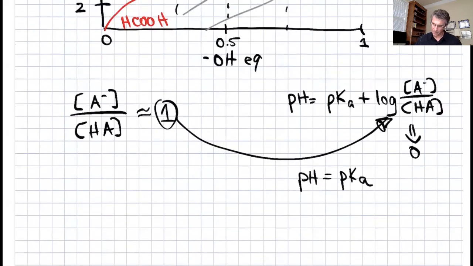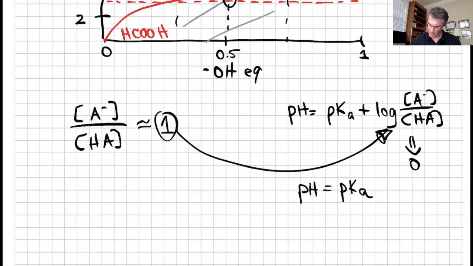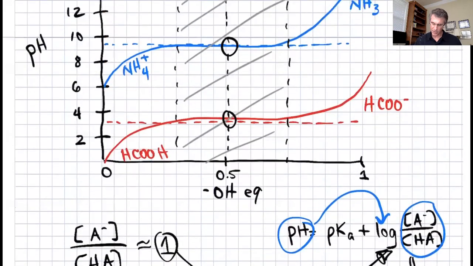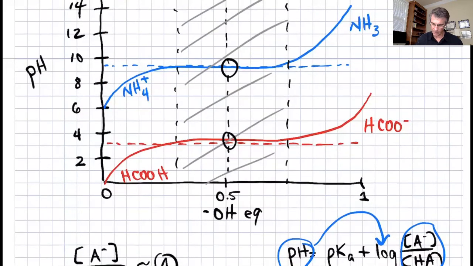But more importantly, because the pH is a logarithmic function of that conjugate acid to conjugate base ratio, as the concentration approaches that equivalence point, about a half a pH unit or so on either side, the pH doesn't change very much in this region, right?